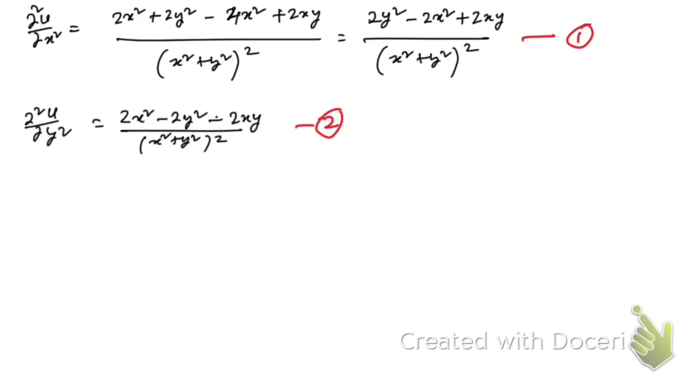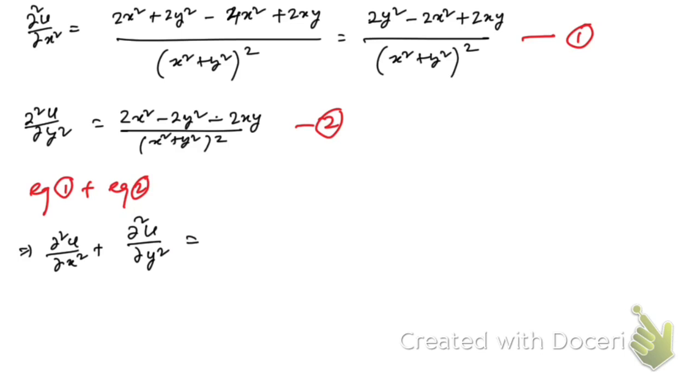If you add these two equations, equation 1 plus equation number 2, then you're going to have the second order partial derivative of u with respect to x plus the second order partial derivative of u with respect to y. Then let me add the right hand side of equation number 2 as well.